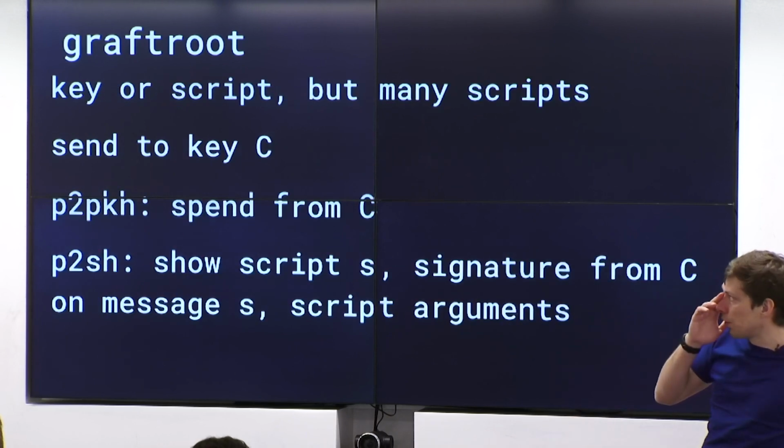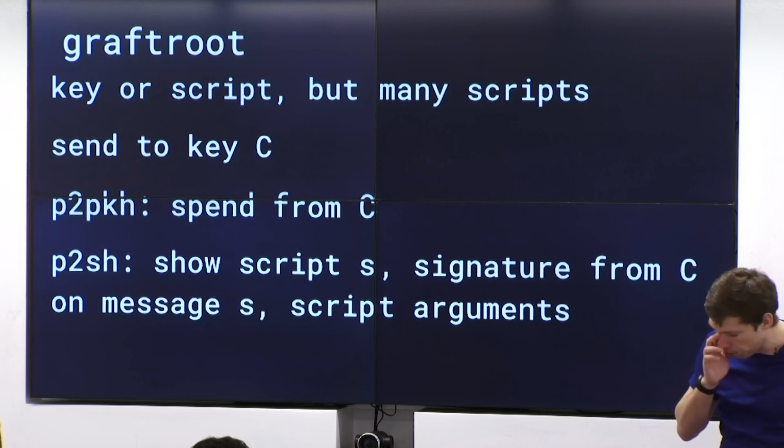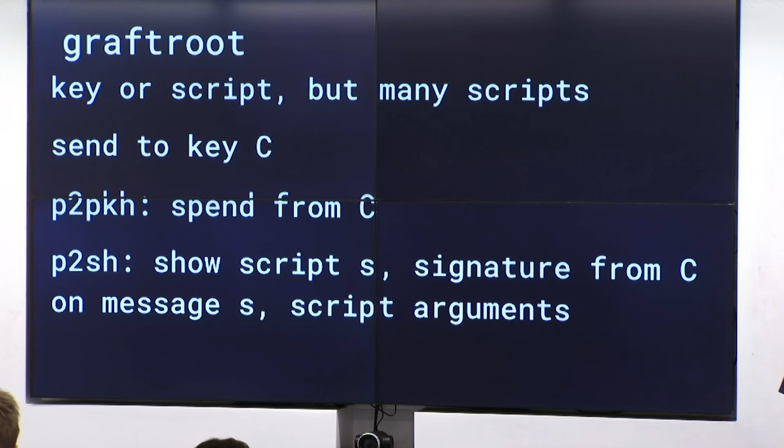It's much less useful, though, because what you essentially do is you start with your script, and then you compute a signature on it, but you also prove that there was no private key that made the signature. It's actually really fun.